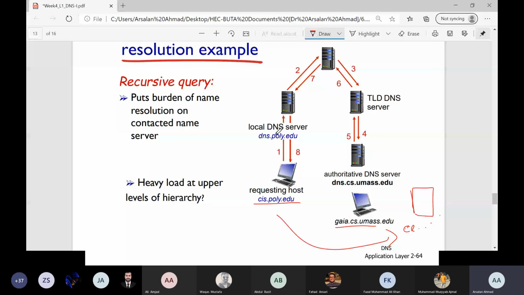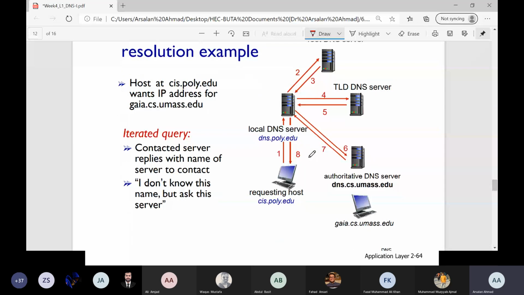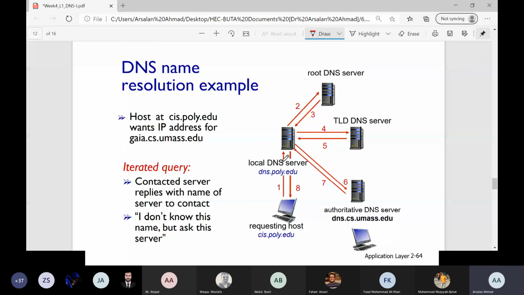gaia.cs.umass.edu. So what it will do is again query the root name server. The root name server will ask the TLD, which will ask the authoritative name server, and the authoritative will give the reply. In this case, what will happen when the first query is resolved? When the first query was in the process of resolving, the local name server, when it contacted the root name server, it replied with the names of the top level domain name server.